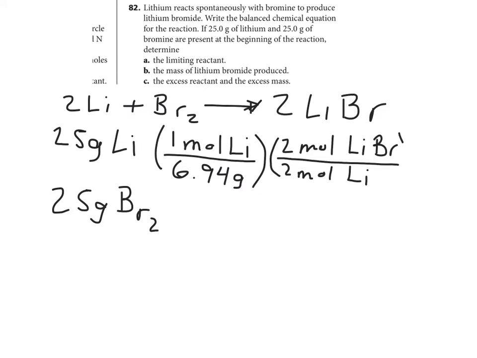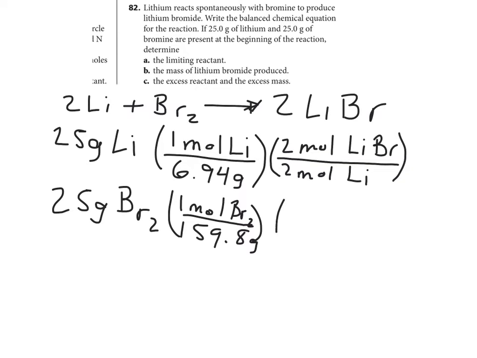Now, on the other hand, we have the bromine, in which we know that 1 mole of bromine has a mass of 159.8 grams.